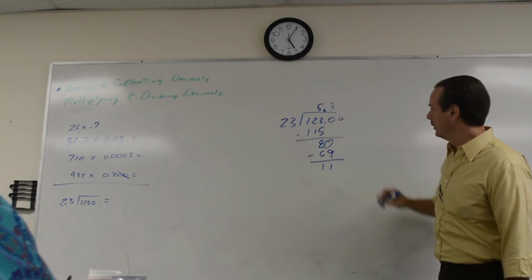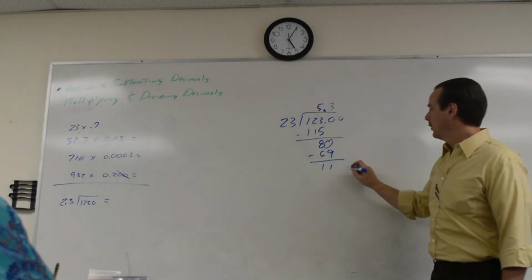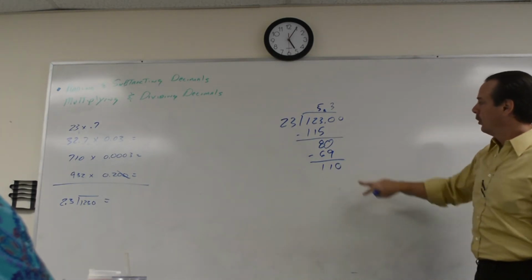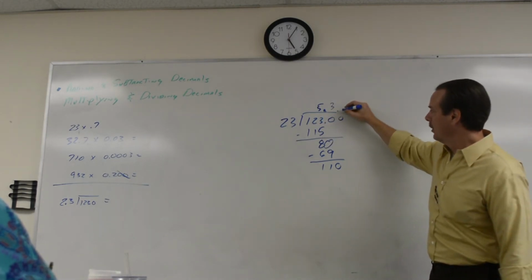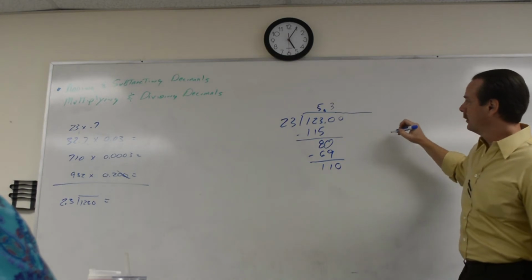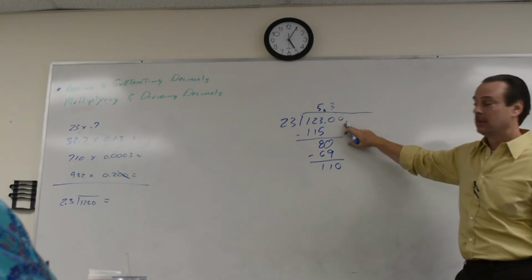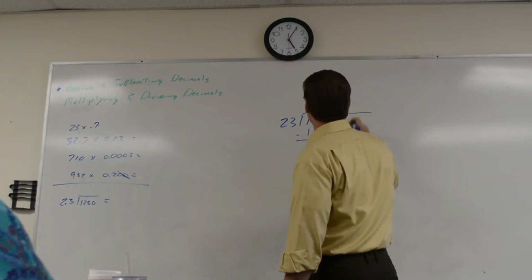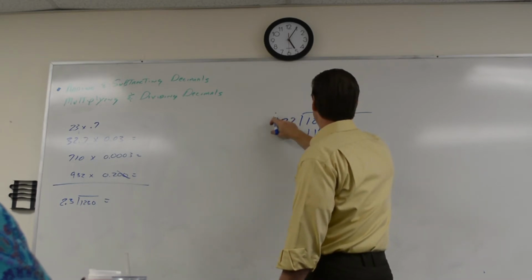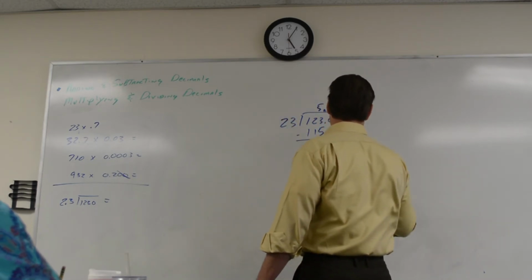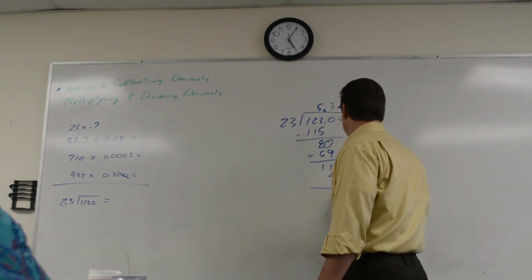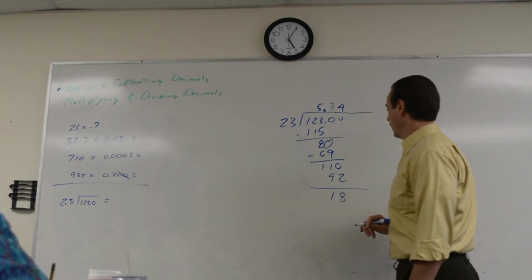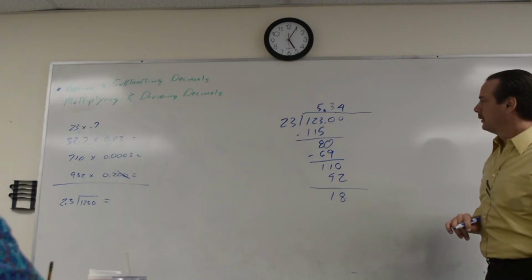Let's add another 0. Bring it down again. Well, we had 115 here with 5. This is 110, so this has to be what? 4. So this is 12, 1, 8, 9. This becomes 18. All right.